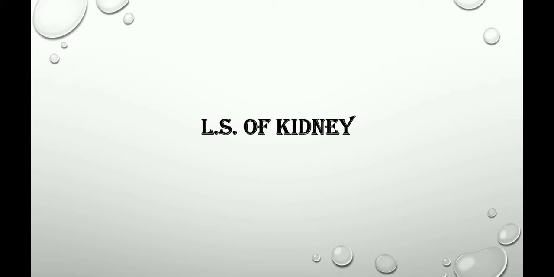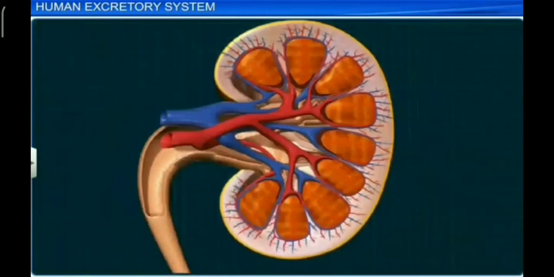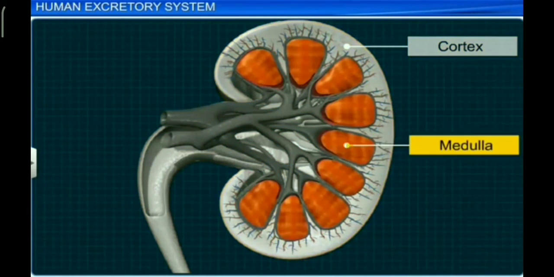Now let's start with LS of kidney. LS of kidney shows two distinct regions, that is renal cortex and renal medulla.